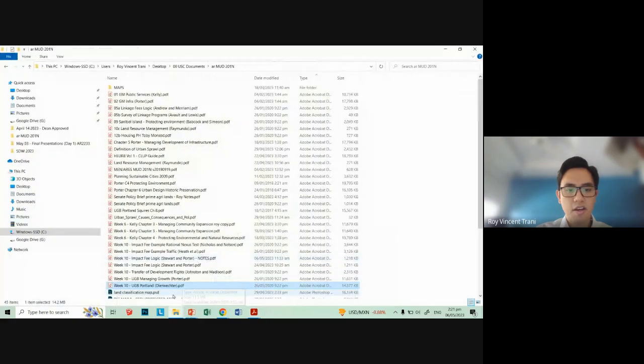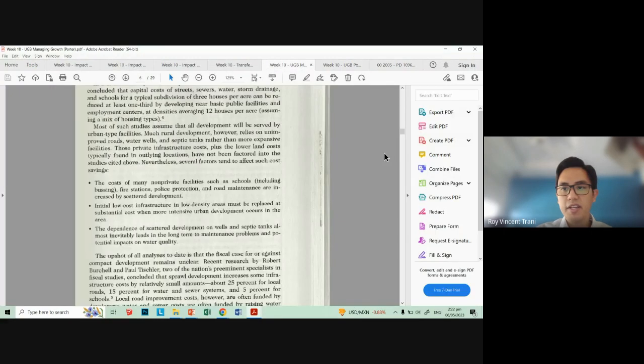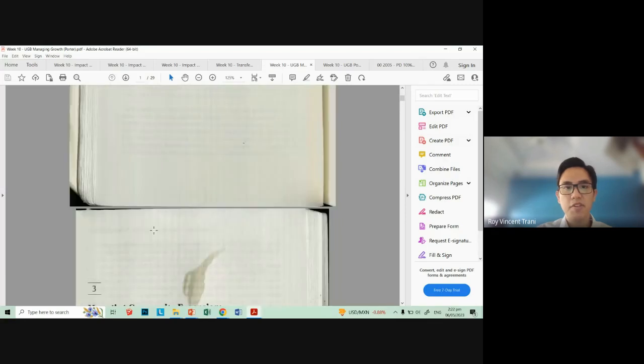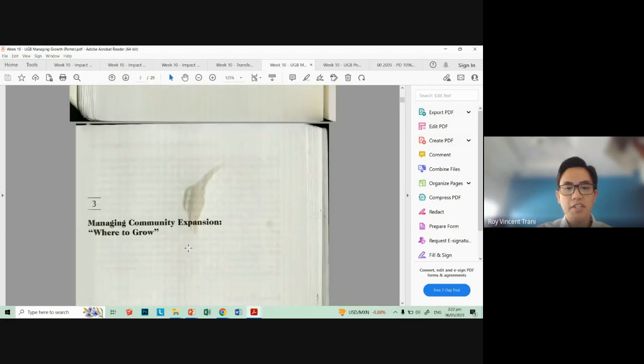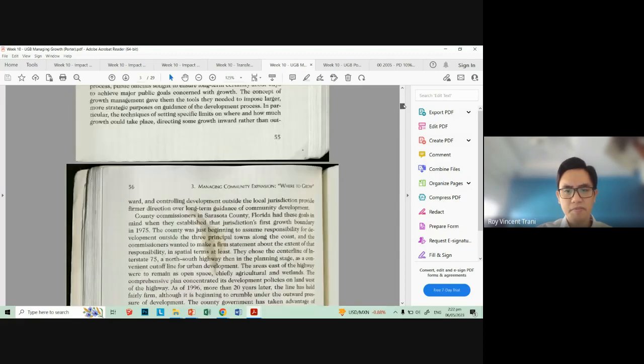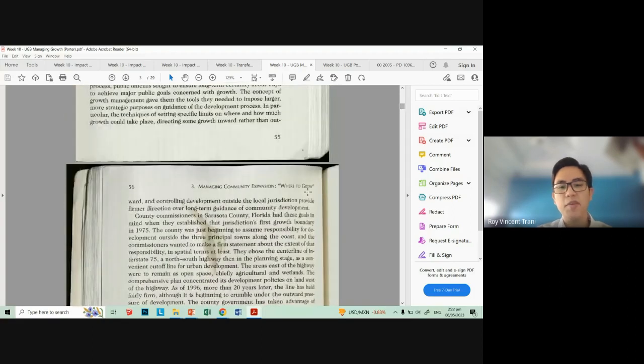So that's urban growth management by the director. The first one is an introduction to urban growth management. It's chapter 3, called Managing Community Expansion, Where to Grow. The book is called Forces of Change.